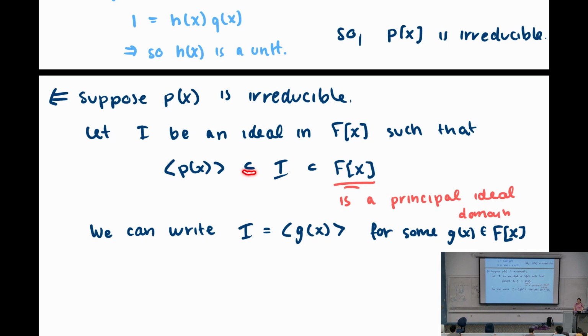Since we have an inclusion here, we can write p(x) as an element of this ideal. So we can write p(x) as g(x) times something, so some h(x).